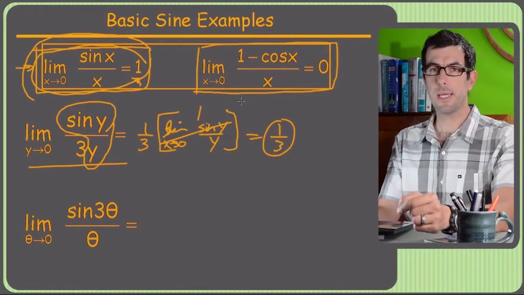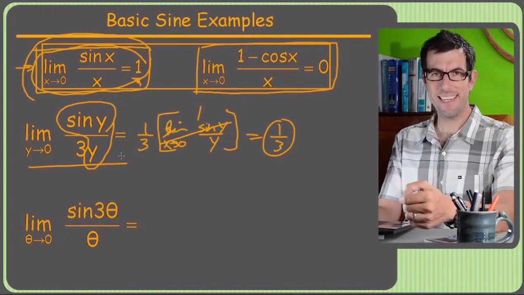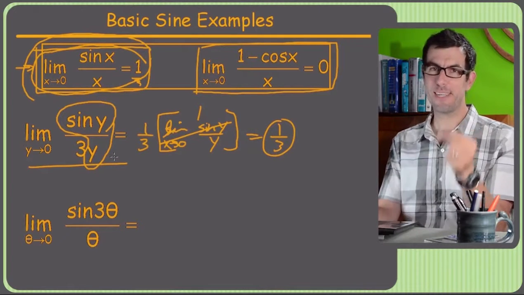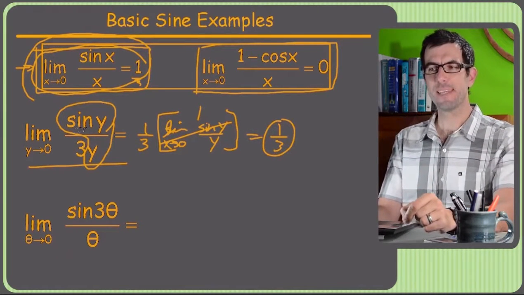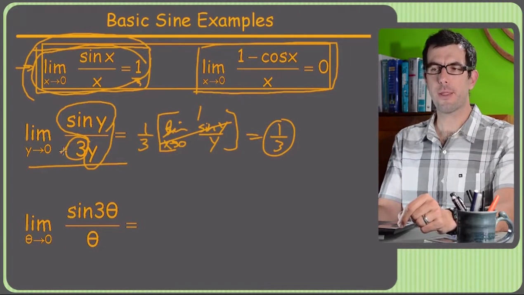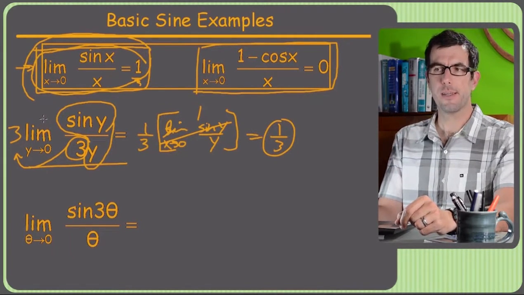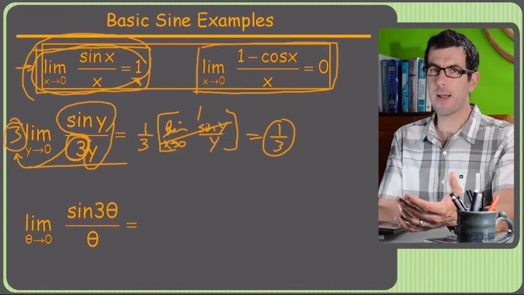Now, an easy mistake to make, and the mistake I made on my first take of this video, and the reason I'm shooting it again right now, is because I messed up. See, this 3 is downstairs, right? So what I did was when I pulled it out, I said, oh, I'm pulling out a 3, and I just put it right here. What's wrong with that picture? Well, that 3 was in the denominator, and I just put it upstairs, not in the bottom of a fraction.